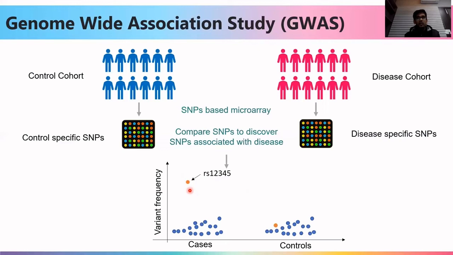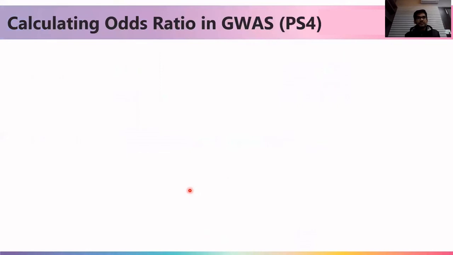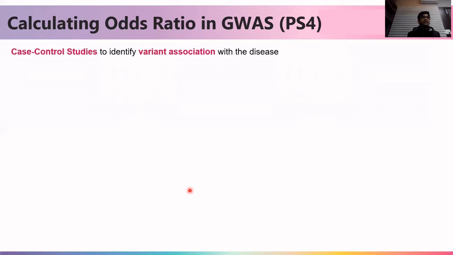Now, how will you find out at what frequency a particular variant could be considered a disease association? For that, we have to find out the odds ratio. So how can you calculate the odds ratio, and for a particular odds ratio how can you assign PS4? Okay, in these case control studies we identify the variant association with the disorder.